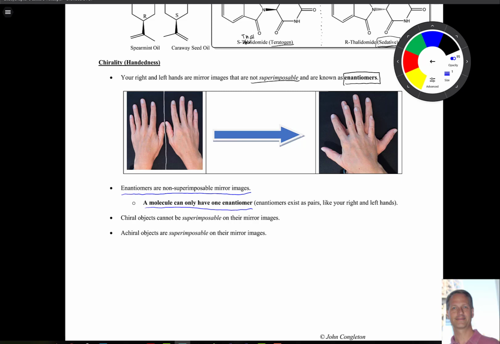They exist in pairs. So chiral objects cannot be superimposed on their mirror images, and achiral objects are superimposable on their mirror images. And we're going to have to figure out how to deal with this situation when we talk about molecules.